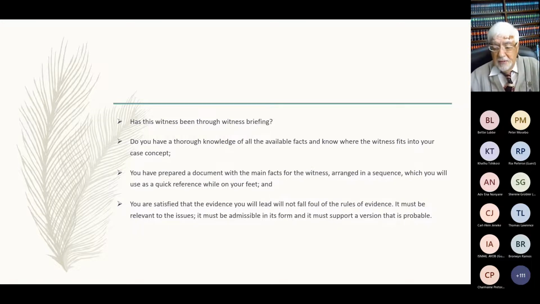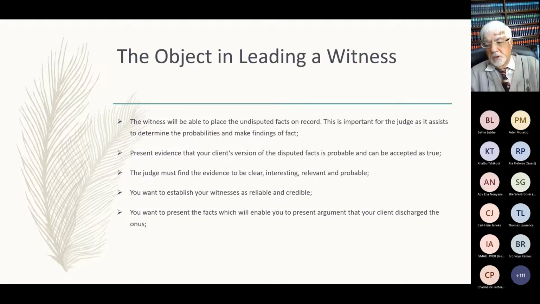And you are satisfied that your client's version, your witness's evidence, does not fall foul of the rule, and the version must be probable. So let's look at why you lead a witness. The witness must be able to place the undisputed facts on record.